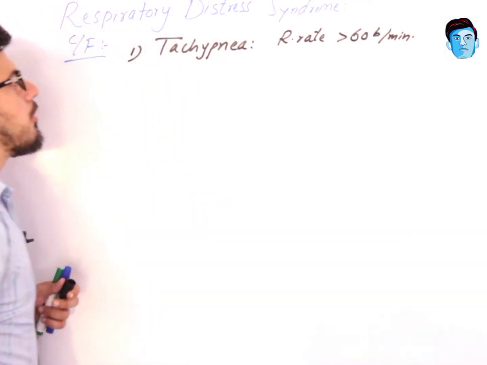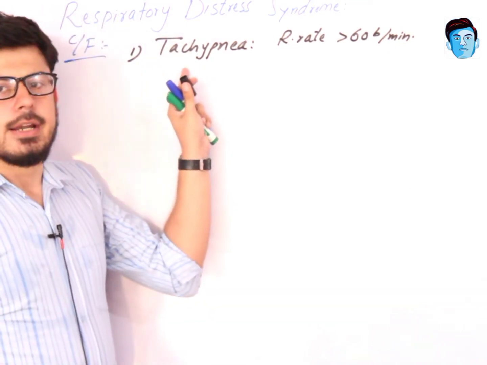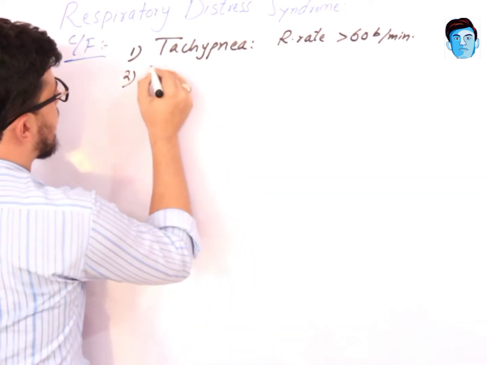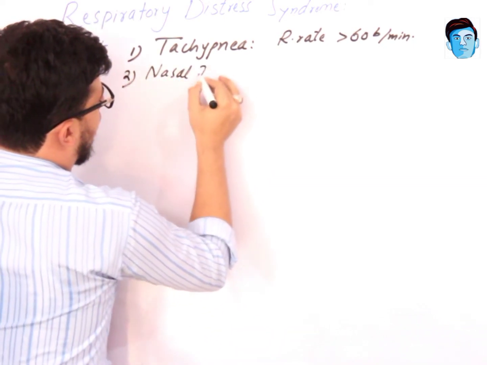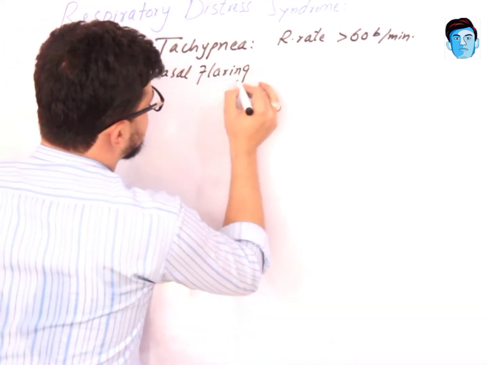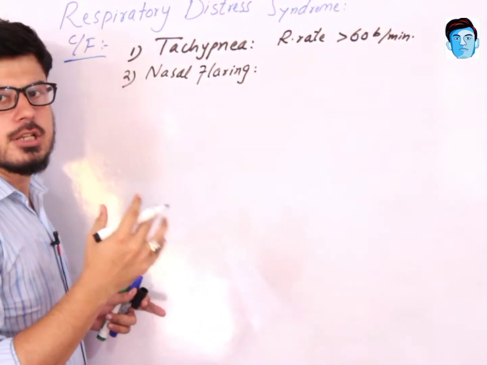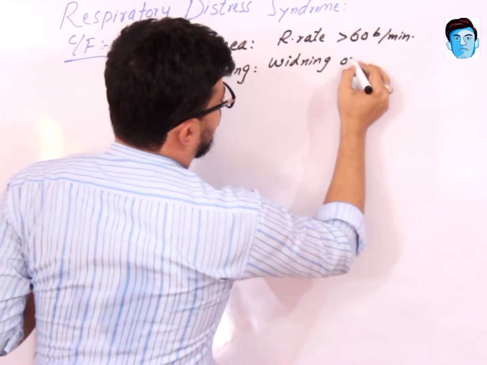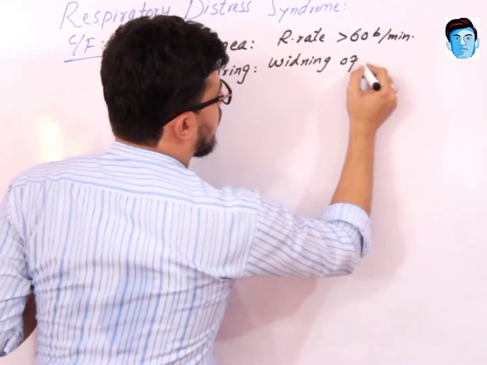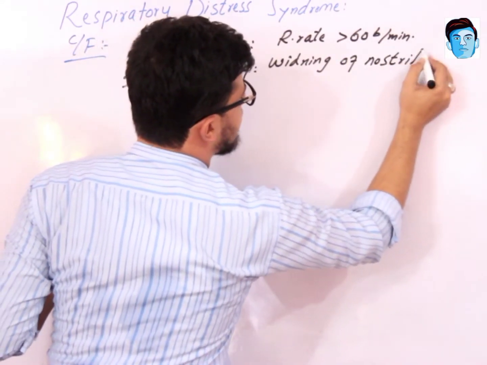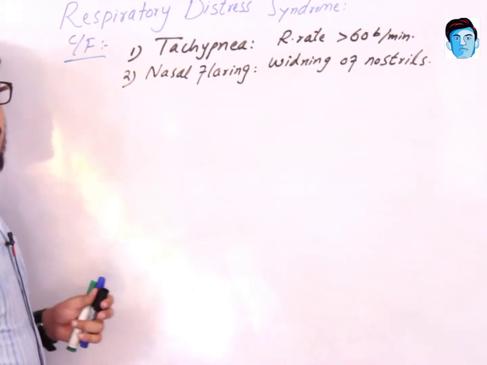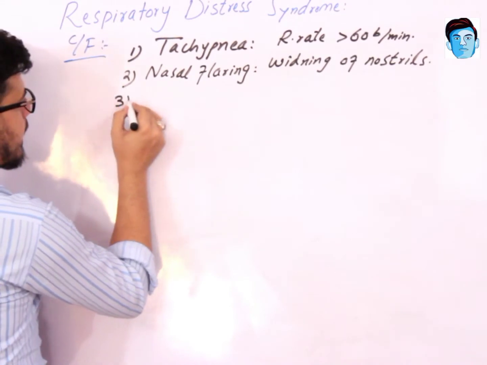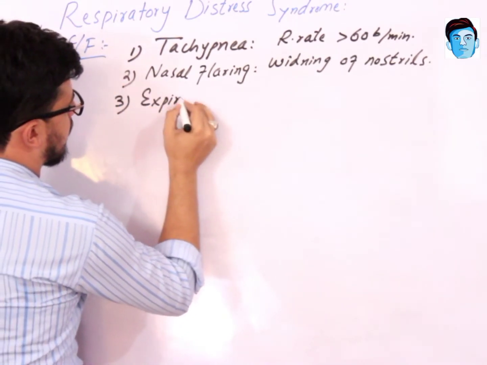The second common sign is nasal flaring. If you see these patients, the nostrils are wide, there is widening of nostrils. So there will be tachypnea and nasal flaring. Also there is expiratory grunting.